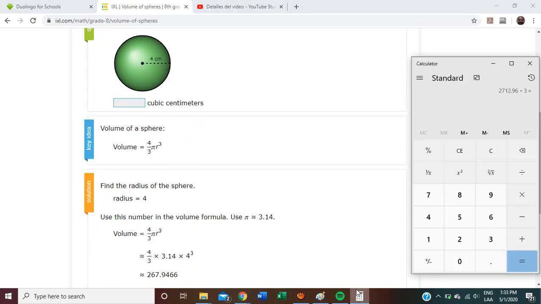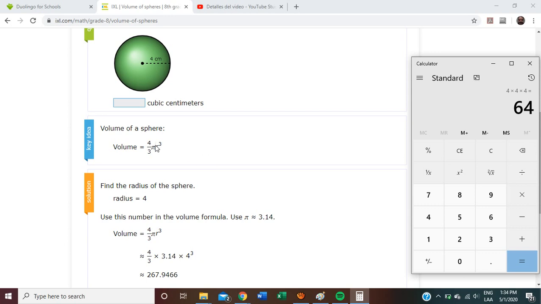So what we need to do is raise 4, because 4 is the radius, to the power of 3. How do we do it? We just multiply 4 by itself 3 times, like 4 times 4 times 4, okay? And 4 times 4 times 4 equals 64.